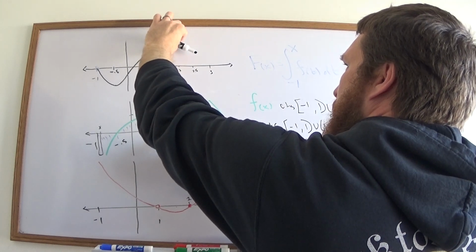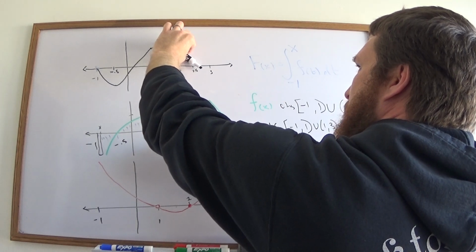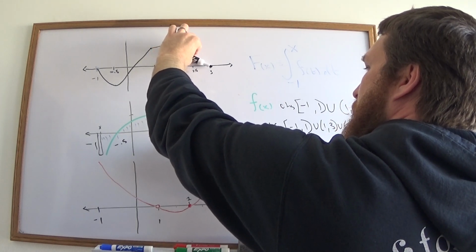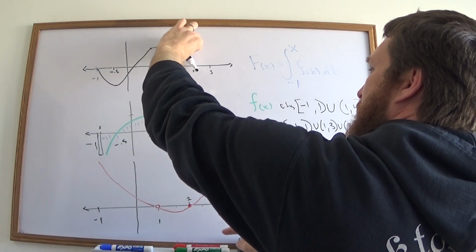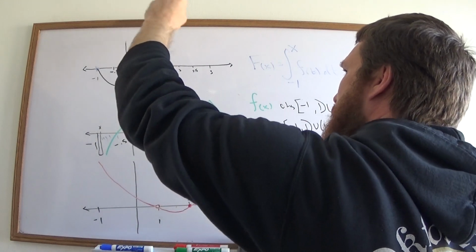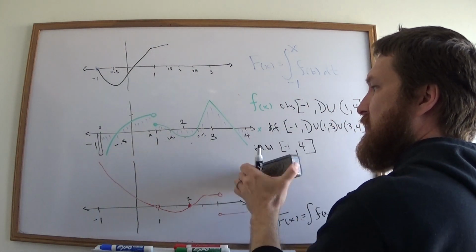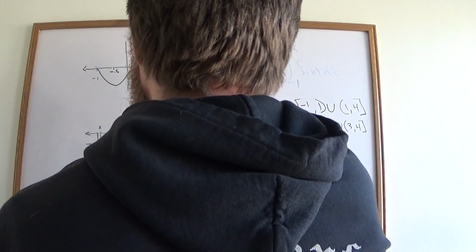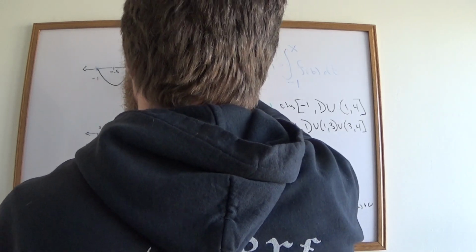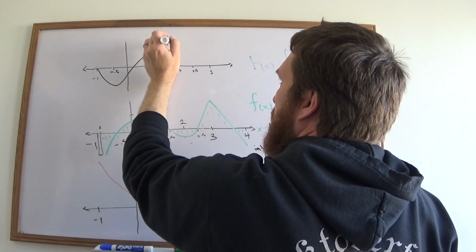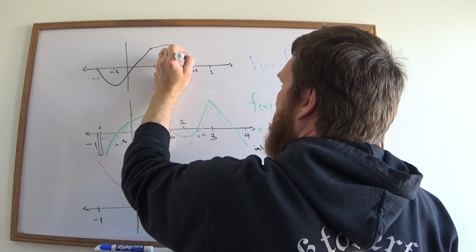It gets negative, gets most negative at 2, and then gets less negative until we get to 2.5. So negative, most negative, less negative, back. So it should be some kind of S type thing, like that. So that's from 1.5, most negative here, and then nothing here. So most negative, less negative, boom.